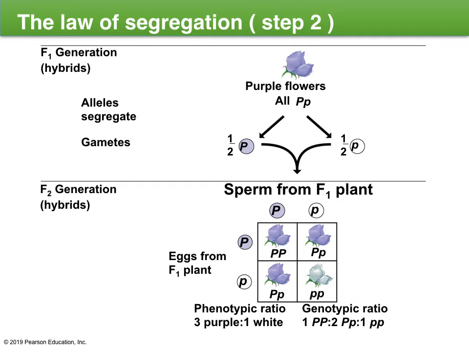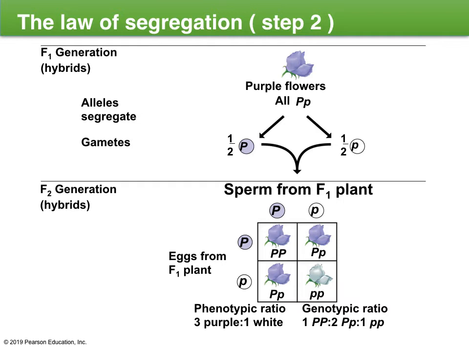If you cross that dominant allele with this recessive allele, you still have purple flowers, but now the genotype is that of a heterozygote. Same thing here, second heterozygote. And this last one, if you have two copies of the recessive allele, now you see the recessive trait, in this case the white flowers.